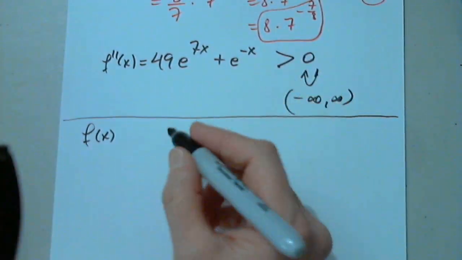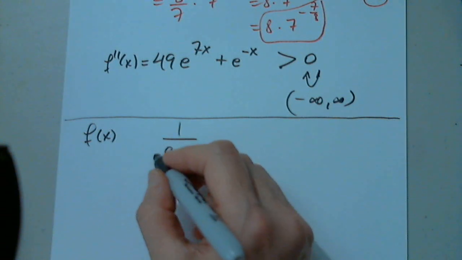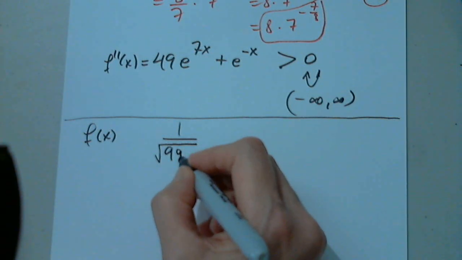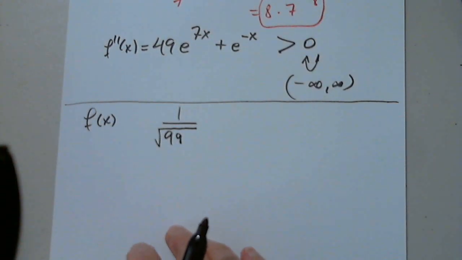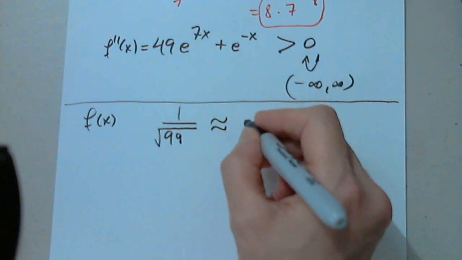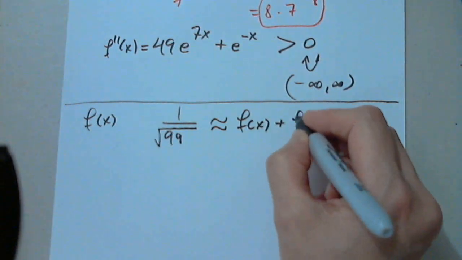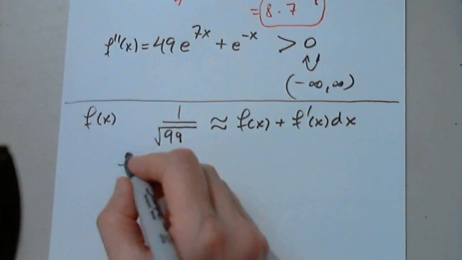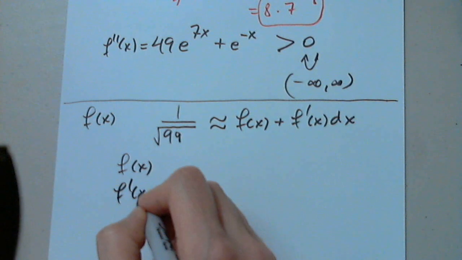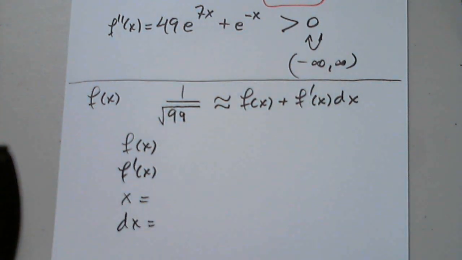So we can approximate, for example, 1 over the square root of 99. You immediately have to write that this is the same thing as f of x plus f prime of x dx. And now I have to identify the function. I have to find its derivative. I have to find x, and I have to find dx.